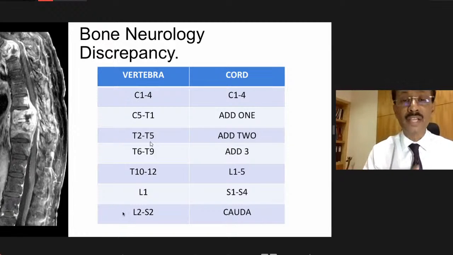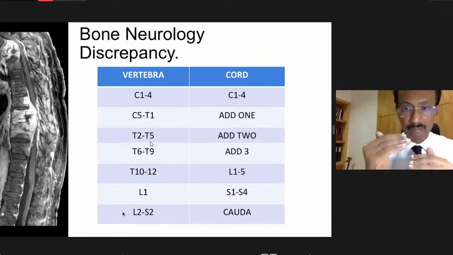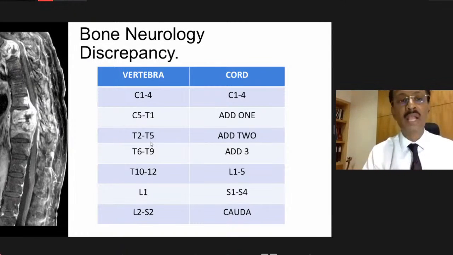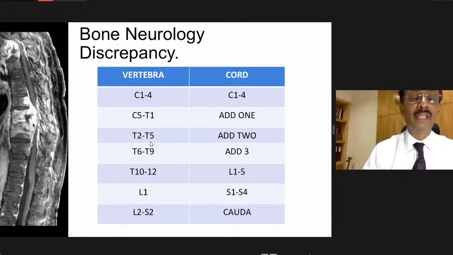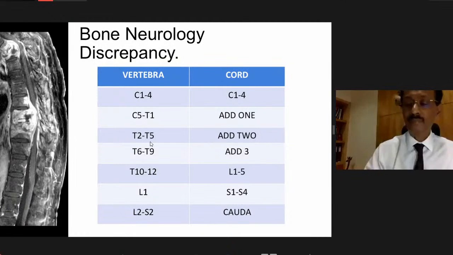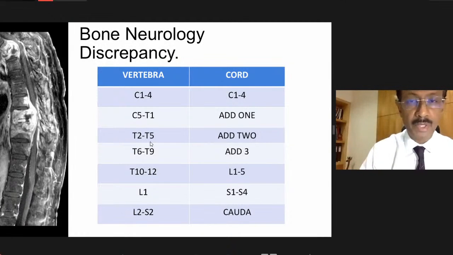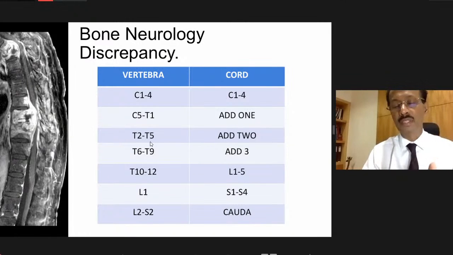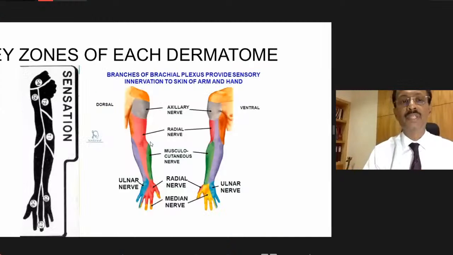So there is a natural difference between the bone level and the cord level. And also in TB spine especially, the intraspinal compression may extend a few segments above because of the large amount of granulation tissue and the epidural abscess. So this is the reason why there is a bone level and neurology discrepancy.